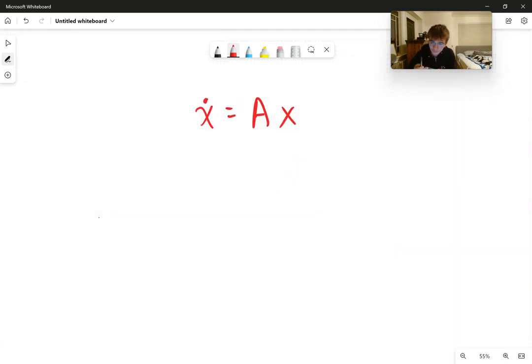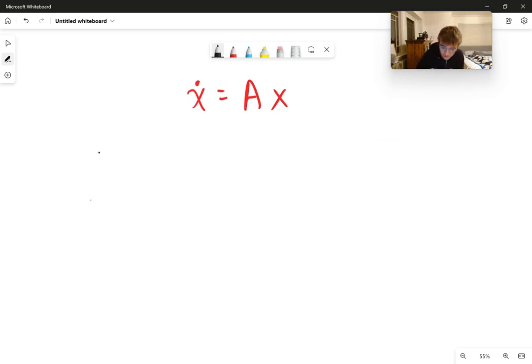Now, okay, so to synthesize all the information we've gone over, we have nodes, stable and unstable.